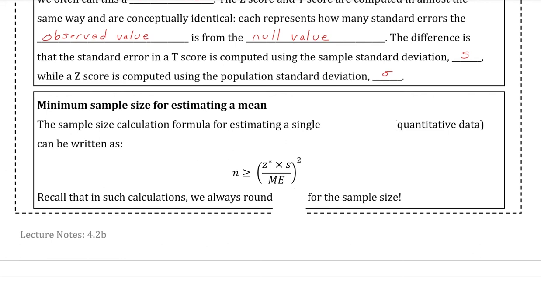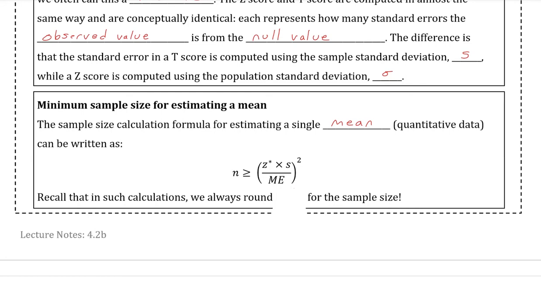When in the second stage of the statistical process, designing a study and gathering the information, we often want to make sure we have a big enough sample size before we gather the information to save time and resources. The sample size calculation formula for estimating a single mean, quantitative data, can be written as little n is greater than or equal to z star times little s divided by ME, squared.